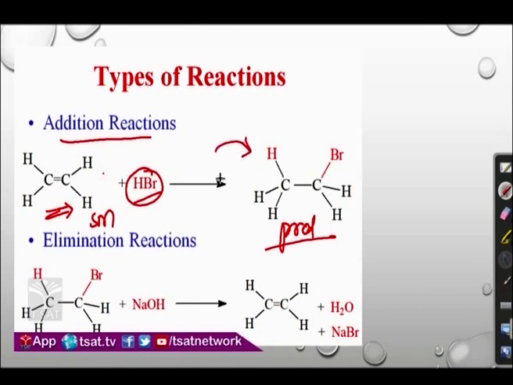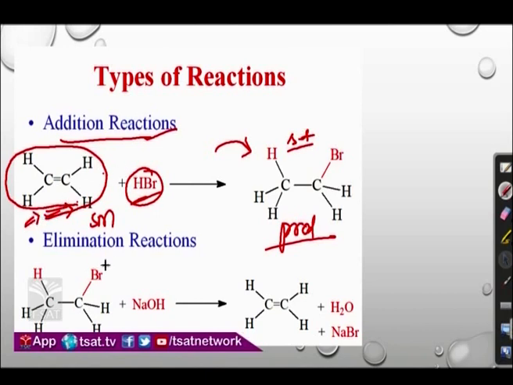This type of organic reaction is said to be an addition reaction. Basically, addition reactions are identified by an unsaturated molecule being added to another molecule to give a saturated or unsaturated molecule. Okay. But the identification point is the unsaturated molecule.